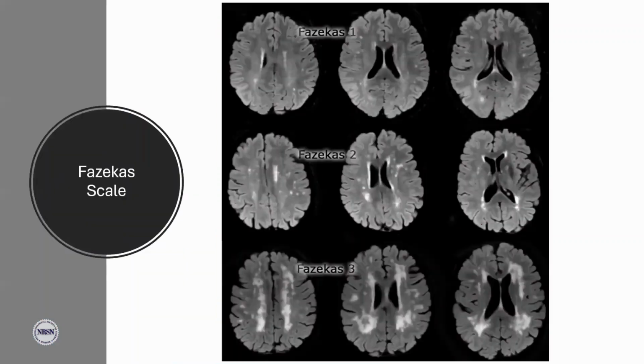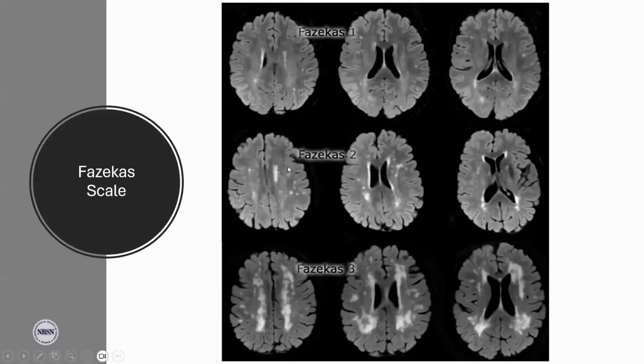So these are a series of axial FLAIR magnetic resonance images that are taken at the level of the lateral ventricle. Now, the series of images labeled Fazekas 1 just tells you that there are multiple punctate periventricular and deep white matter hyperintense lesions seen in the brain.